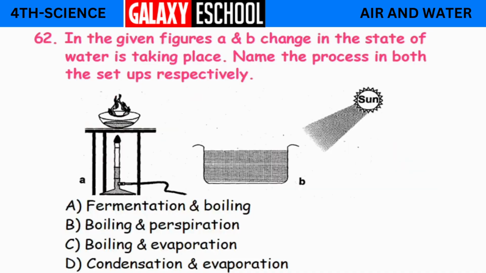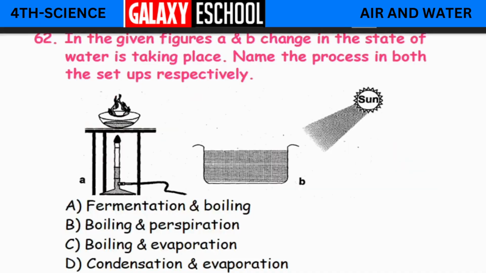Now the 62nd question. In the given figures A and B, a change in the state of water is taking place. Name the process in both the setups respectively.